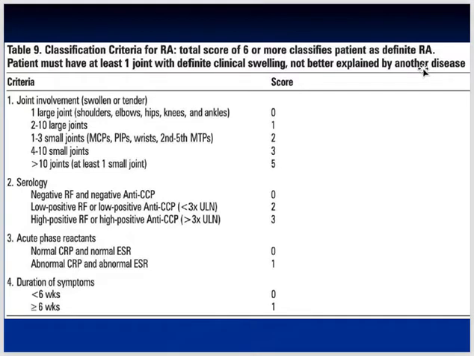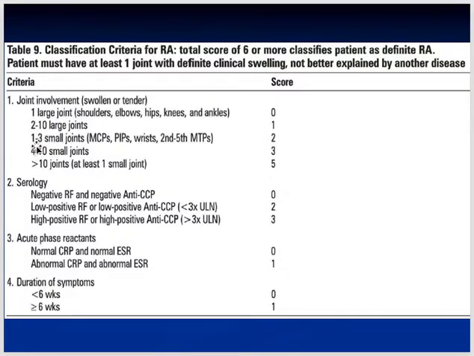Now, you can see over here, joint involvement, swollen or tender. One large joint involved, shoulder, elbow, hips, knees, and ankles, 0. 2 to 10 large joints, just 1 point.